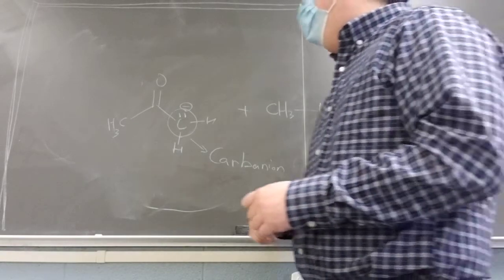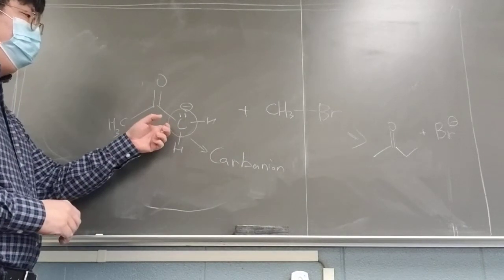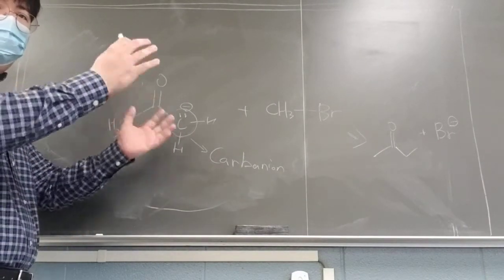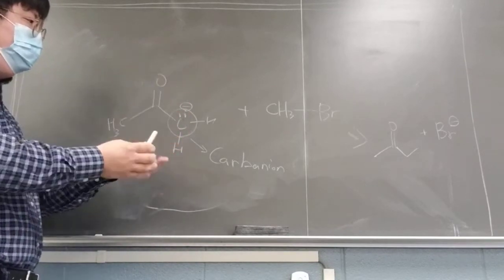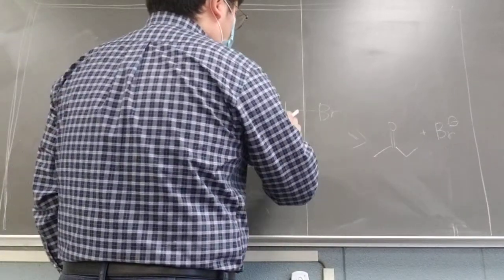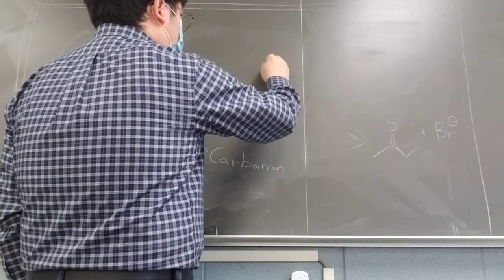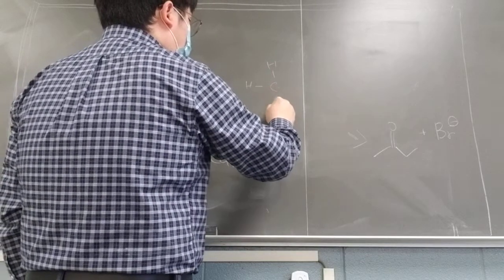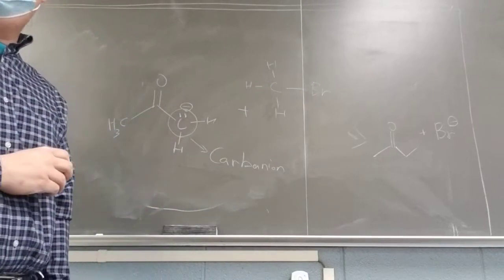So here's the thing. If you see something that looks like this, it's very electron rich, because a carbanion has a negative charge and a lot of electron density is here. But if you draw this in more detail, this is actually what it looks like.